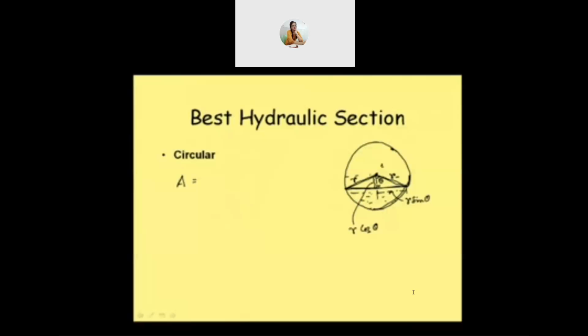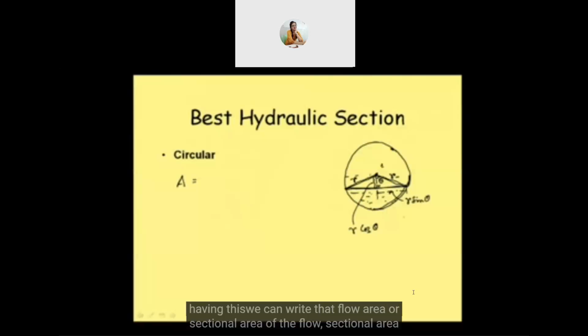Now having this, we can write that the flow area or sectional area of the flow is theta into r square minus, again, half of base into altitude. So half, and the base is r sine theta, this portion, so it will be twice r sine theta, and the altitude is r cos theta, so we are writing r cos theta.